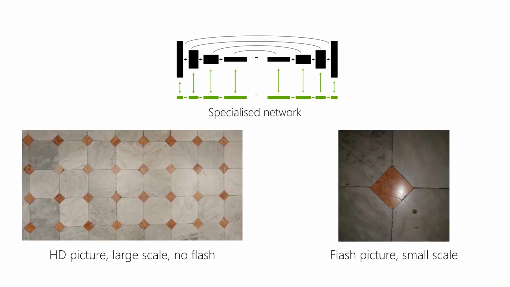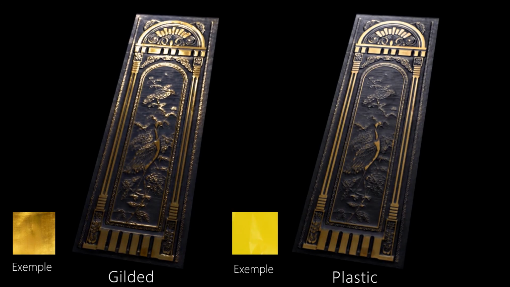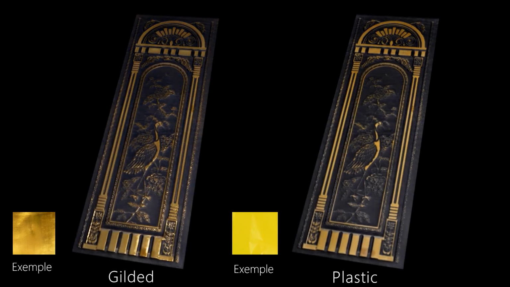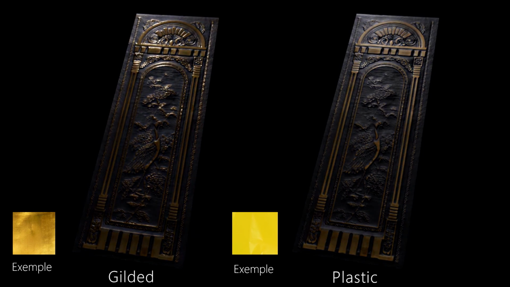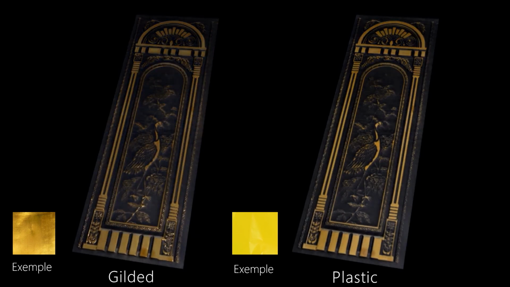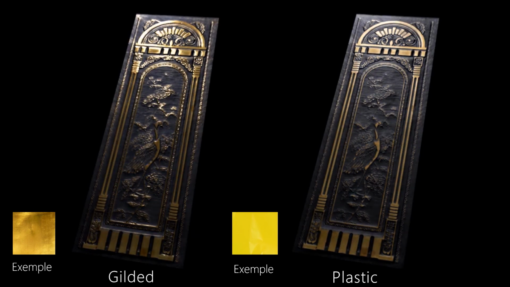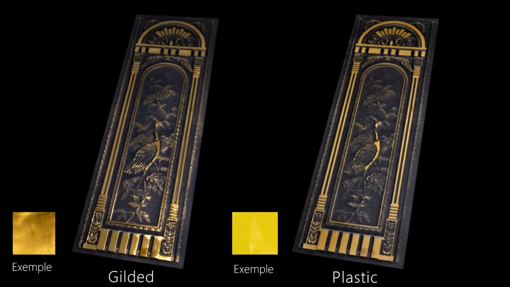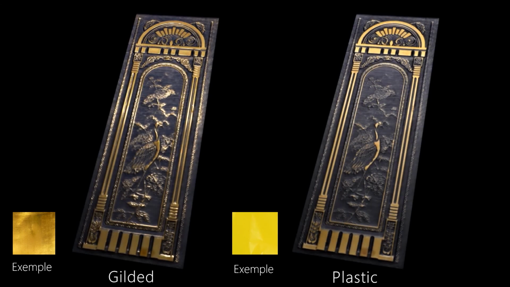The information with flash is used to specialize a neural network in a few minutes for the kind of materials available in the flash picture, before transferring this information to the large-scale image, allowing us to create materials at an arbitrary scale and resolution. But the small-scale example doesn't need to correspond perfectly to the large-scale image, providing us with some artistic freedom, such as here, where on the left we transferred the information from a gilded surface, while on the right we used a more matte material.